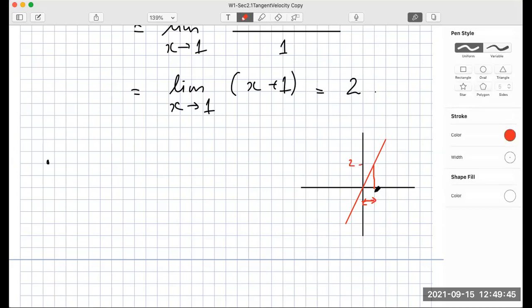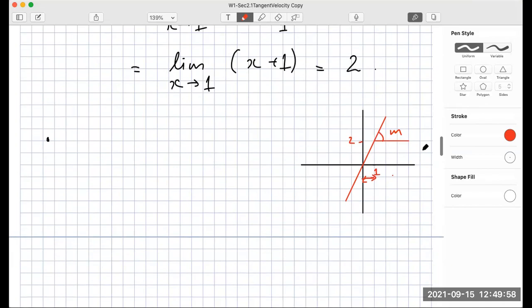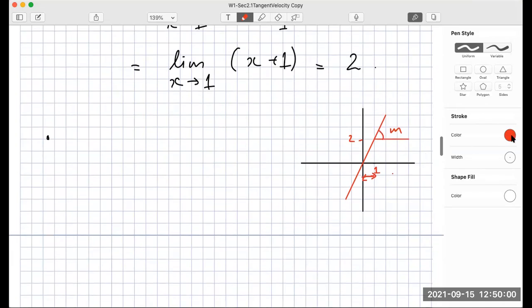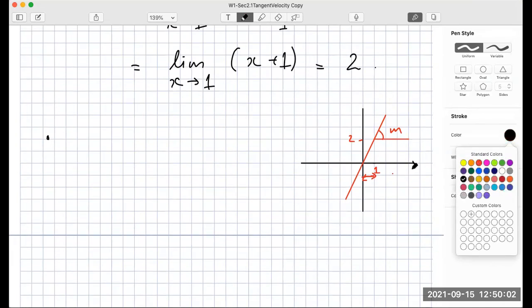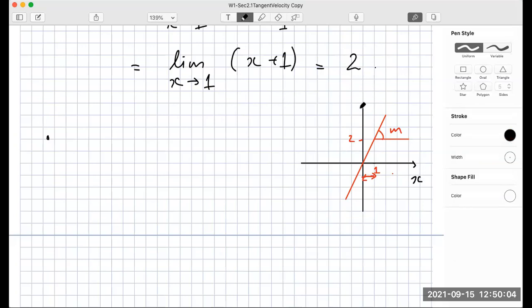This is 2, this is 1. And from this, it means that m is equal to 2. Suppose this point is what we're computing.